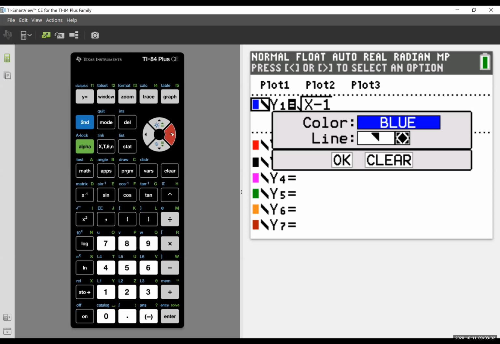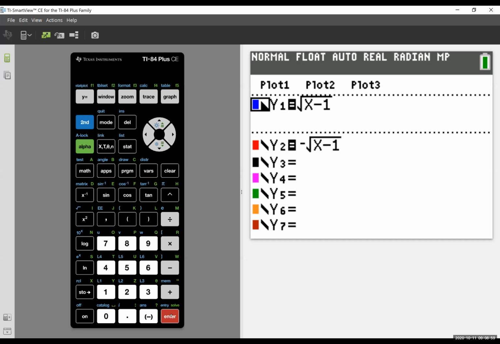Now remember, we've already decided that the shading should be inside the parabola, so we should be using the lower triangle. So I'm going to select that. If you're just using enter to select, you don't have to press anything else. Once you see that lower triangle, you just move the right arrow key back to your function and then press enter. If we have a TI-84C, we just have to press OK.